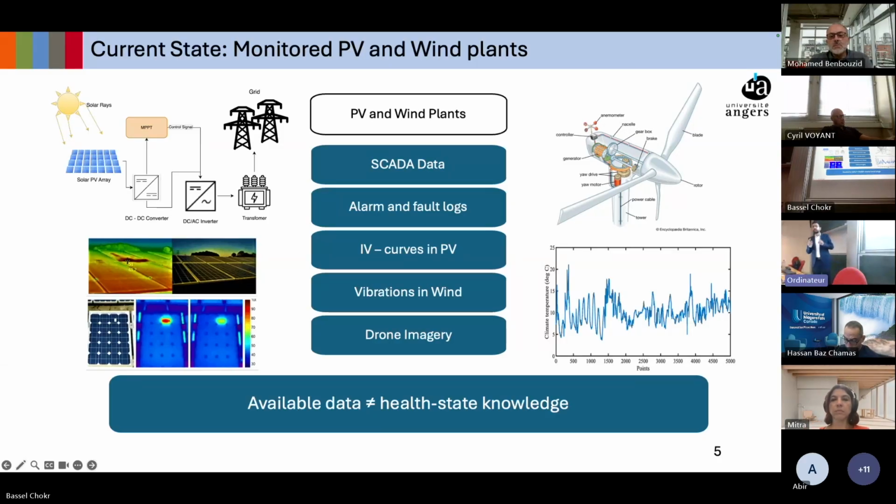But this available data does not directly connect us to health state knowledge. We don't have a deep knowledge of the health of the system.